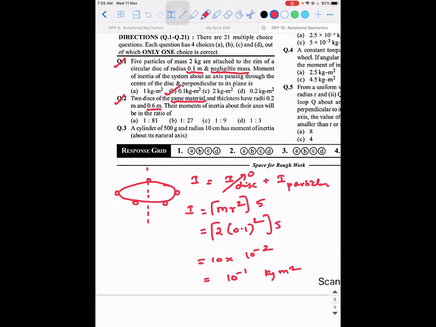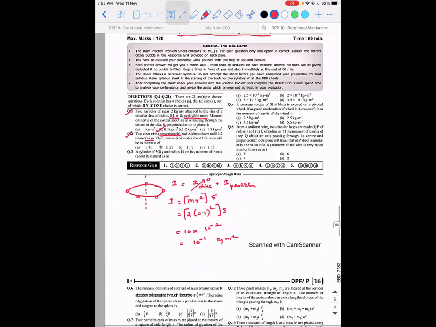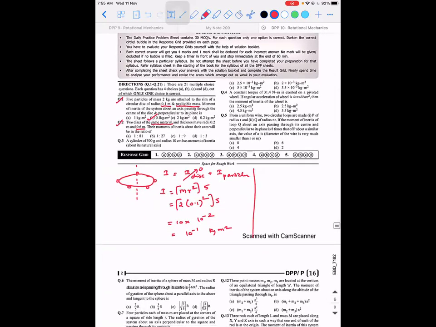Tell me one thing, guys. A disk with thickness is equal to what? If you have a disk with some thickness, it's a cylinder actually, right? So when you're doing the second question, we need to be careful.